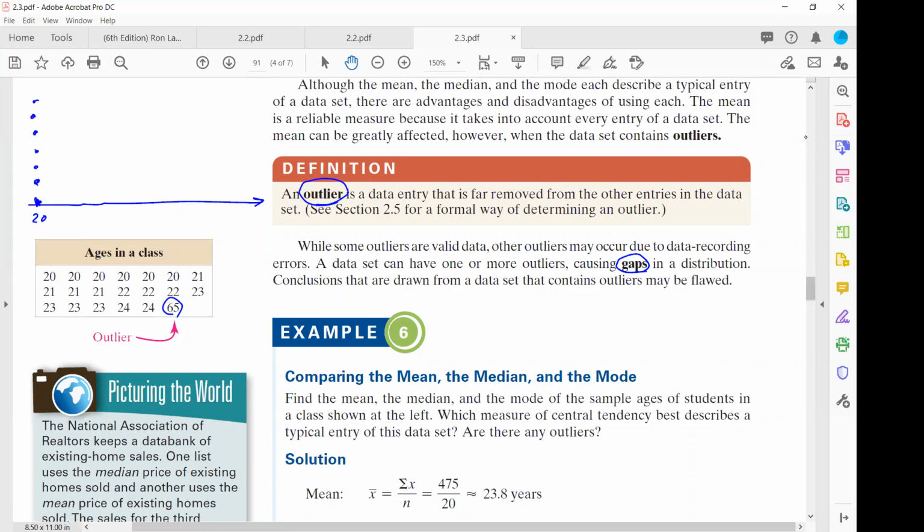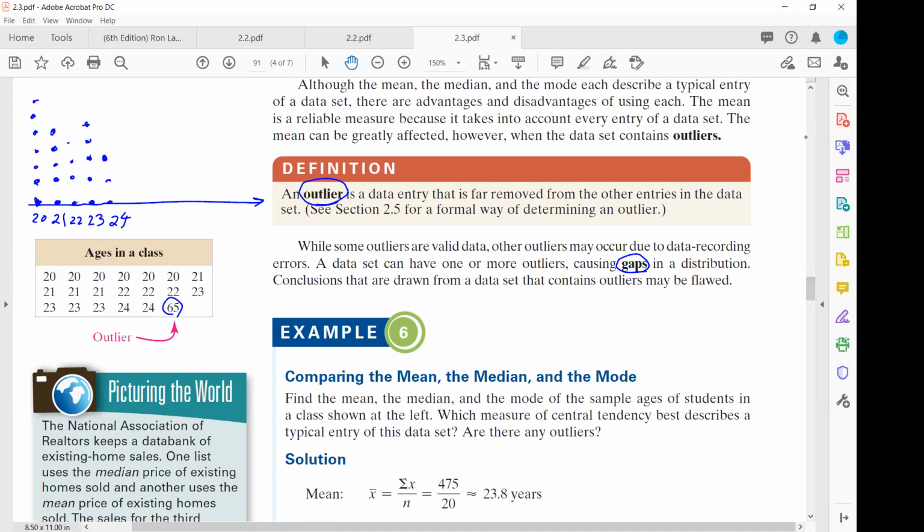Then you have 21. 21 is repeated how many times? 4 times. 23 is repeated 4 times. 22 is repeated 3 times. Then you have 2 24s, and a 65.